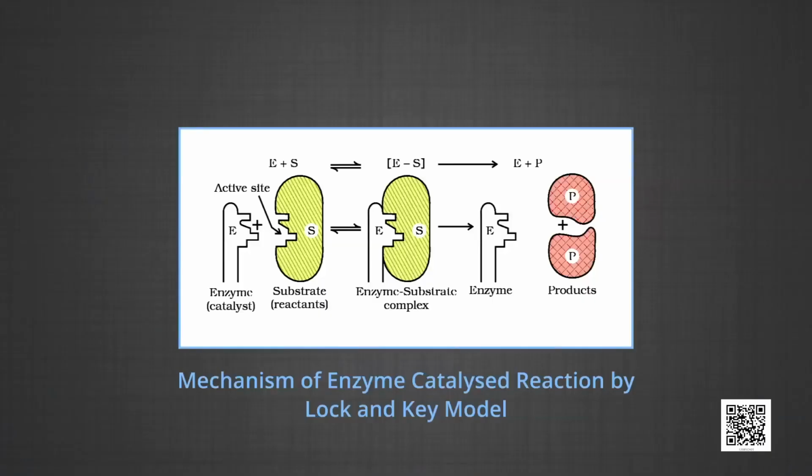The molecules of the reactants, that is substrate, which have complementary shape, fit into these cavities just like a key fits into a lock. On account of the presence of active groups, an activated complex is formed, which then decomposes to yield the products. This is explicitly shown in the figure.